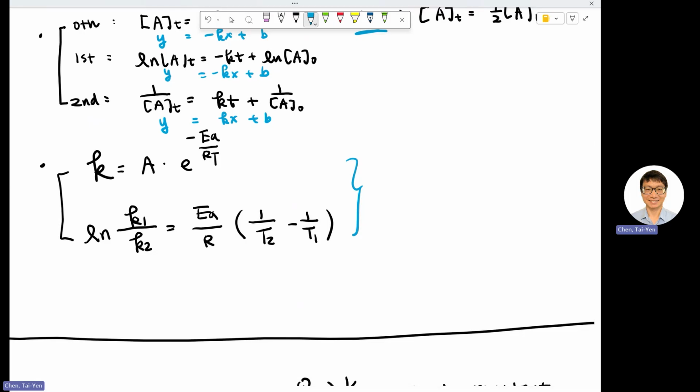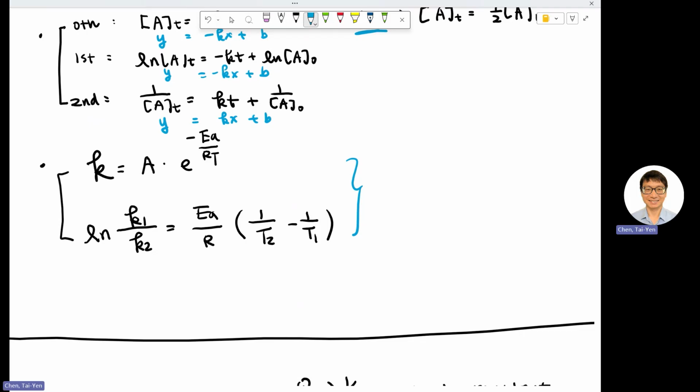Okay, so k equals A times e to the negative Ea over RT. Make sure you know the R here has to be 8.314. Okay, so that's different from the colligative property when we talk about the pressure, we use 0.082, right?